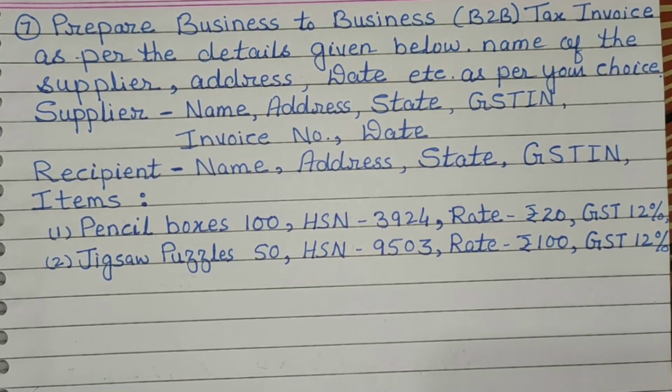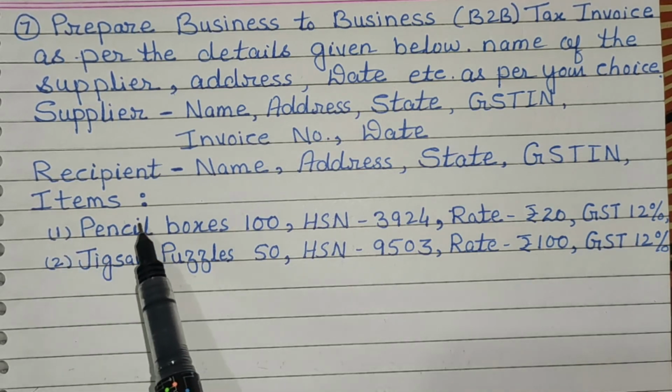Next question is, prepare business to business B2B tax invoice as per the details given below. Name of the supplier, address, date, etc. as per your choice. Supplier name, address, state, GSTIN, invoice number and date, and the recipient name, address, state, GSTIN. Now the items are given here.